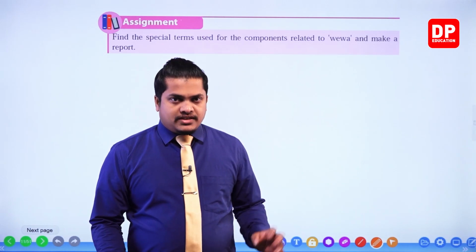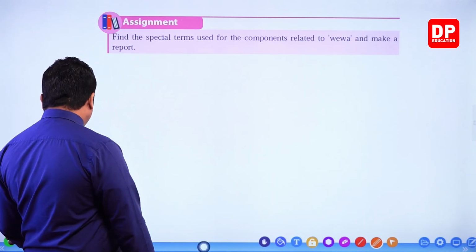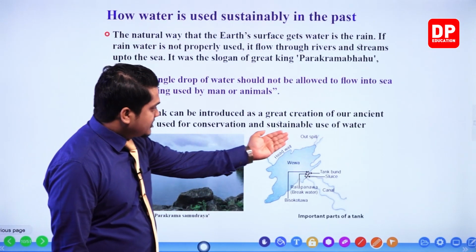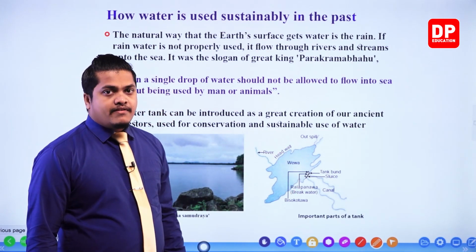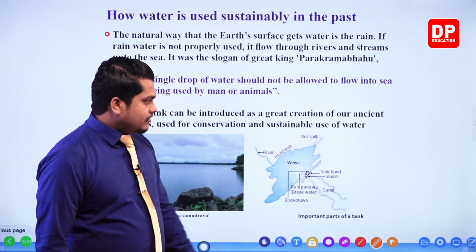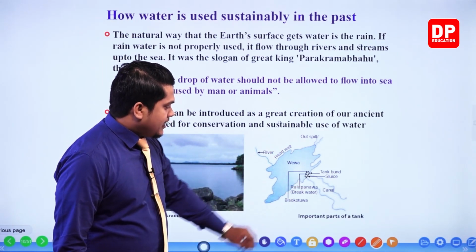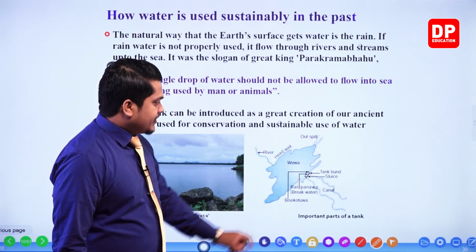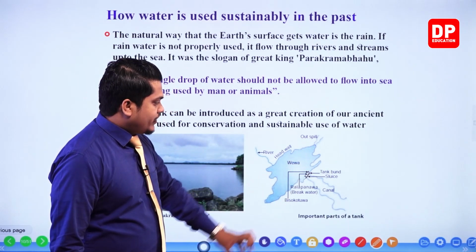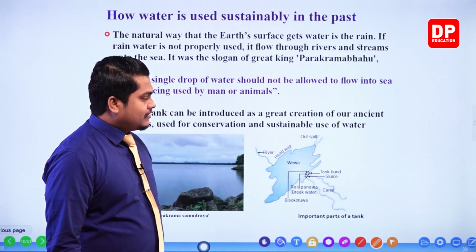If you check the previous figure, you can clearly identify the components contained within the weber construction: outspill, head wall, Ralapanawa, Bisokotuwa, tank bund, sluice, then the canal.